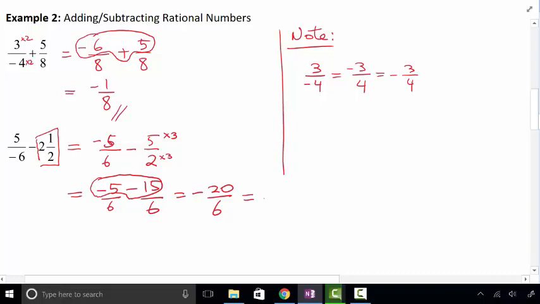I can reduce it here. You get negative 10 over 3 by dividing both top and bottom by 2. And then I'm going to change that into a mixed number, which is going to end up being negative 3 and 1/3. Okay, so let's try a couple more examples now.